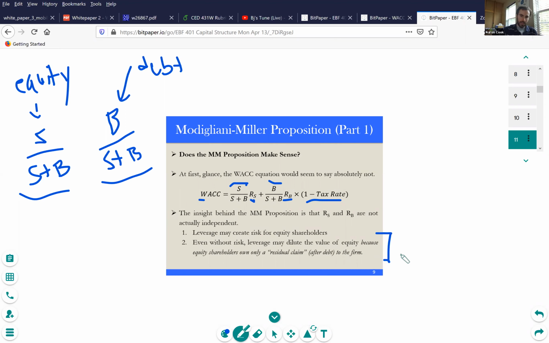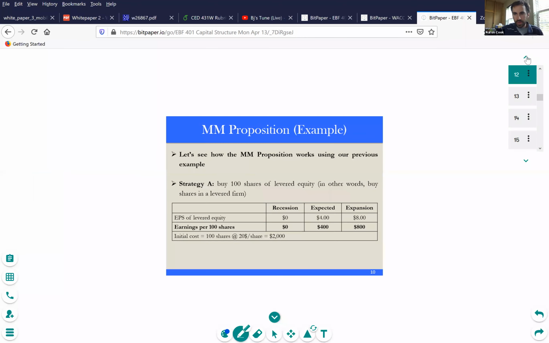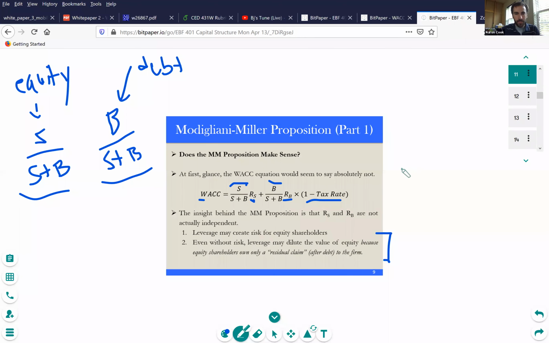It sends it to debt holders first, and the equity holders are the people who get the returns after the debt holders have been paid in full. So those are two reasons for this non-independence.